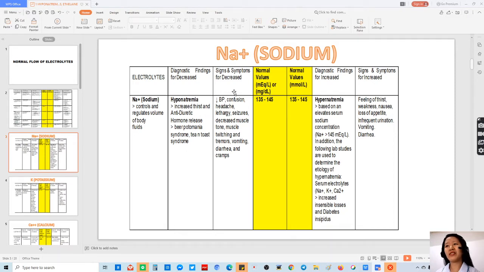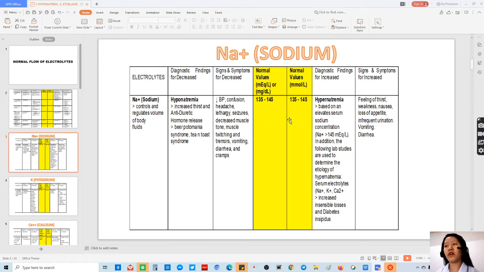And then signs and symptoms for decreased: blood pressure, confusion, headache, lethargy, seizures, decreased muscle tone, muscle twitching, and tremors, vomiting, diarrhea, and cramps.